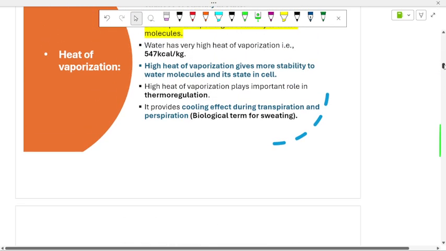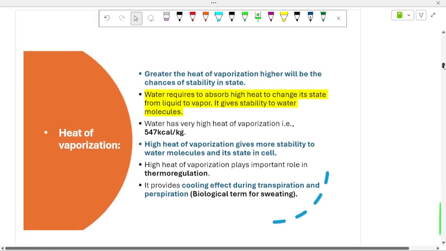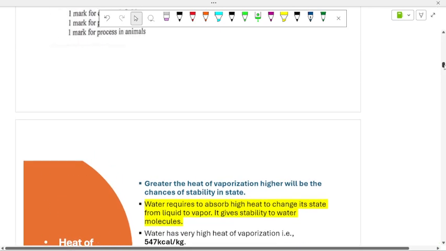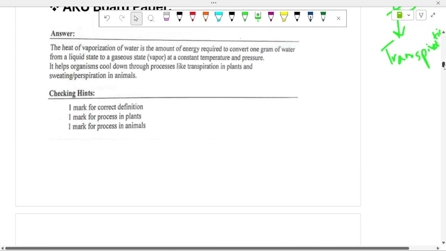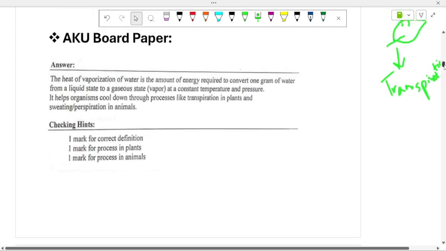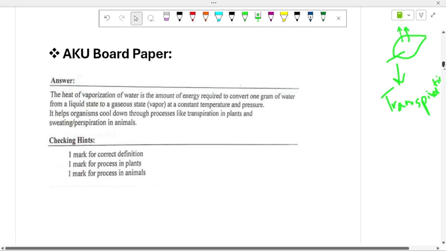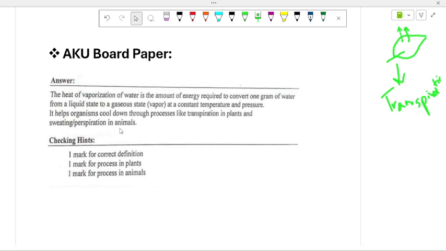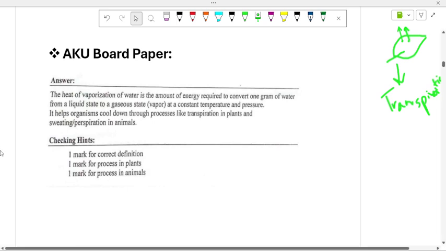Now the other thing mentioned in the answer about the benefits of heat of vaporization is about animals. When we talk about animals, when there is high temperature, in the time of summers, sweating occurs. There is a particular terminology for sweating, and that is perspiration.